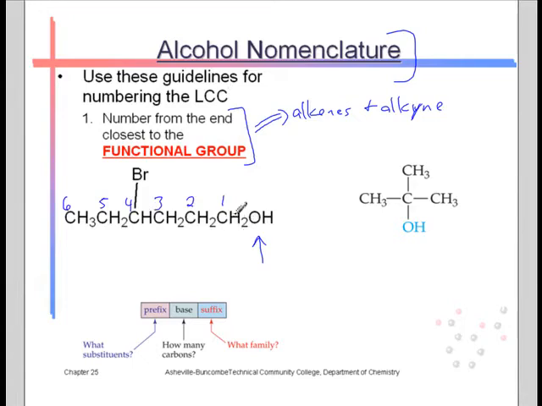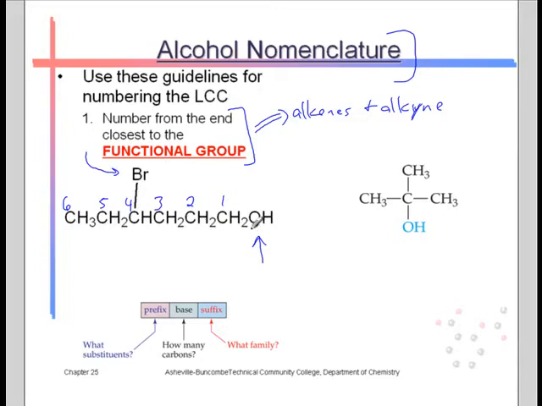Now, one reason I wanted to throw this example at you is because there's actually two functional groups in this particular molecule. You have an alcohol here, and then you have a haloalkane here. Well, simply put, even though this is a bona fide functional group in organic chemistry, we ignore it in terms of the longest carbon chain, at least in the sense that we see here.